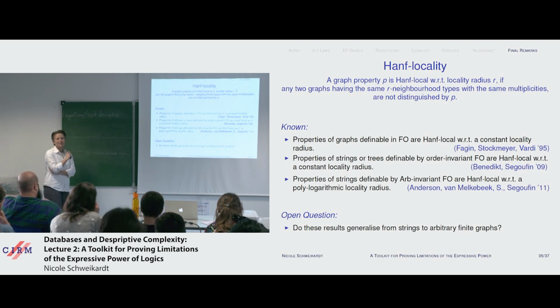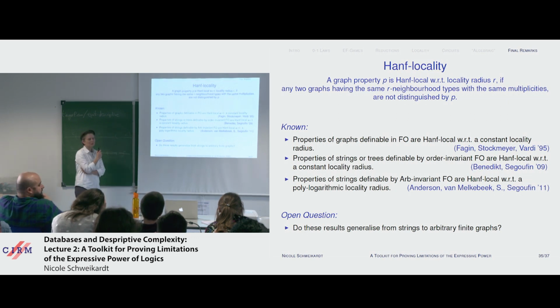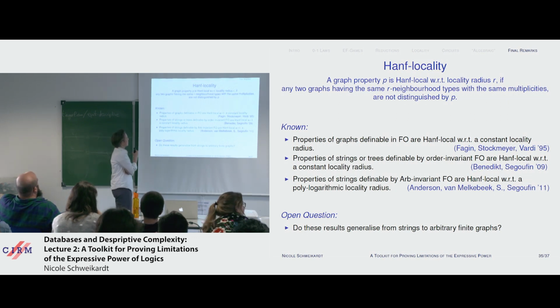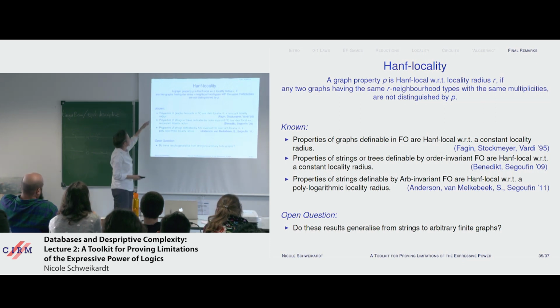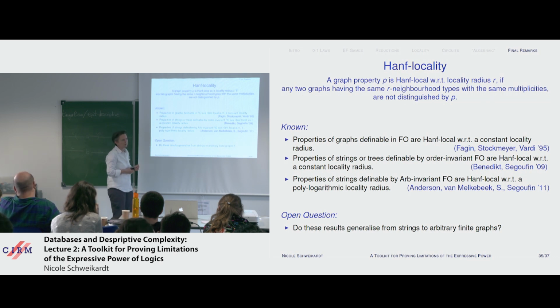Now, for Hanf locality, the situation is a bit different because we know much less there. So we have Hanf locality for first order logic, but for order invariant first order logic, we don't have a Hanf locality result for arbitrary graphs. And my conjecture would be that there should be a Hanf locality result for order invariant first order logic with constant locality radius or with some sublinear locality radius.